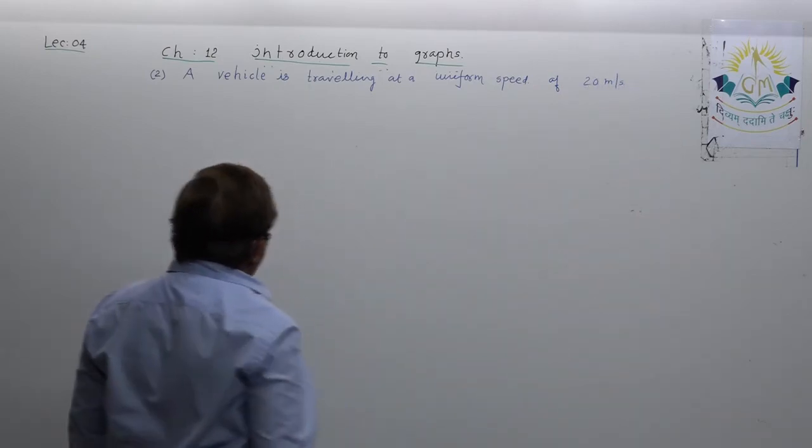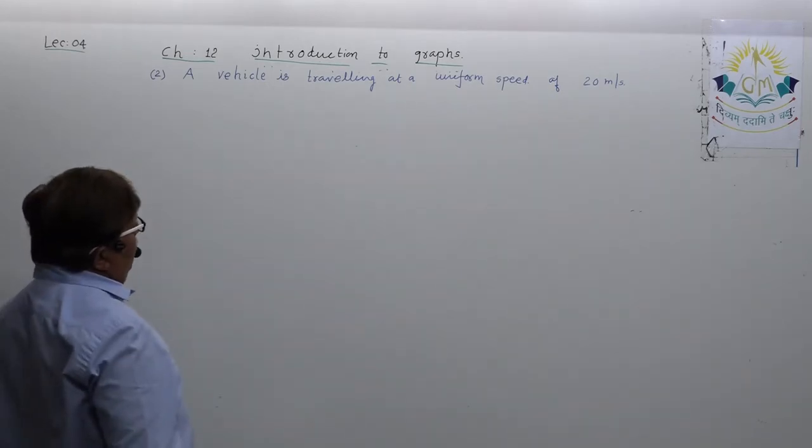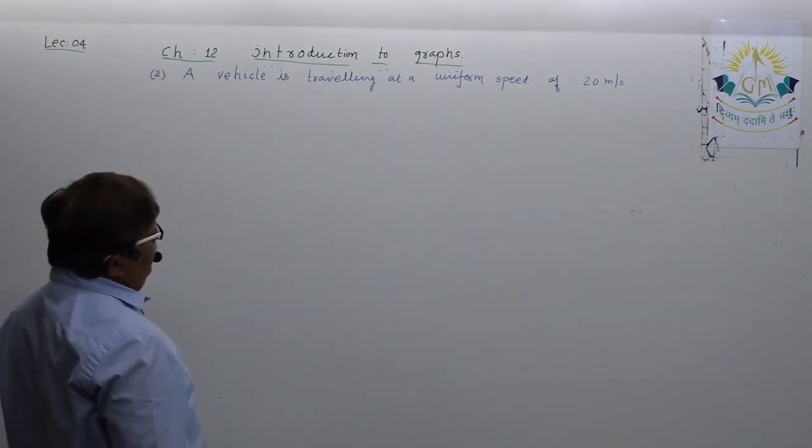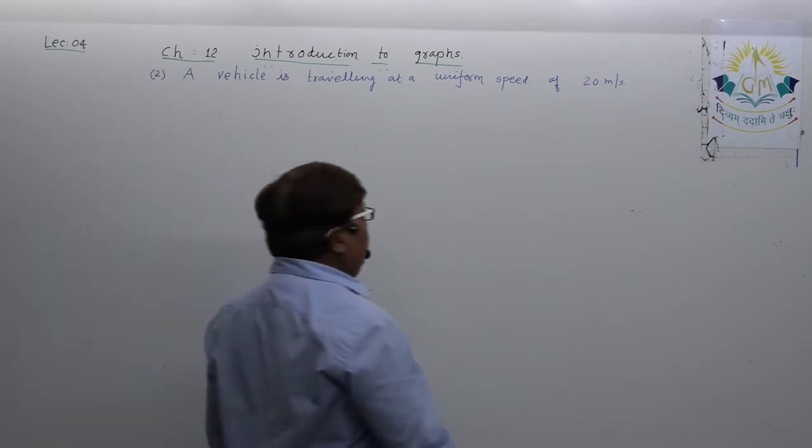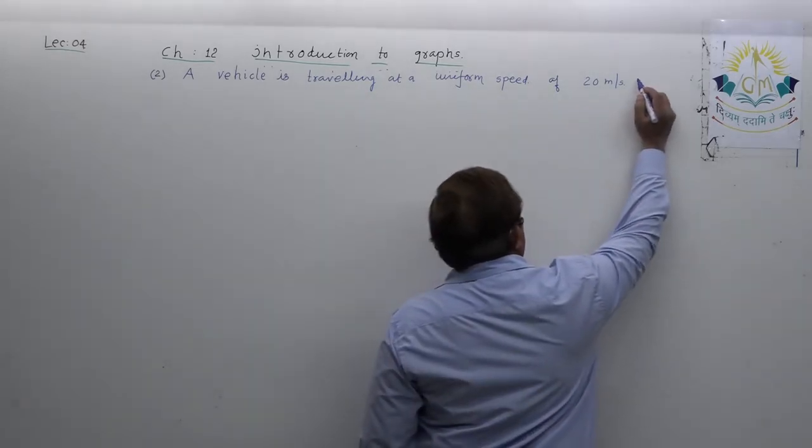Note down the question. A vehicle is traveling at a uniform speed of 20 meter per second.